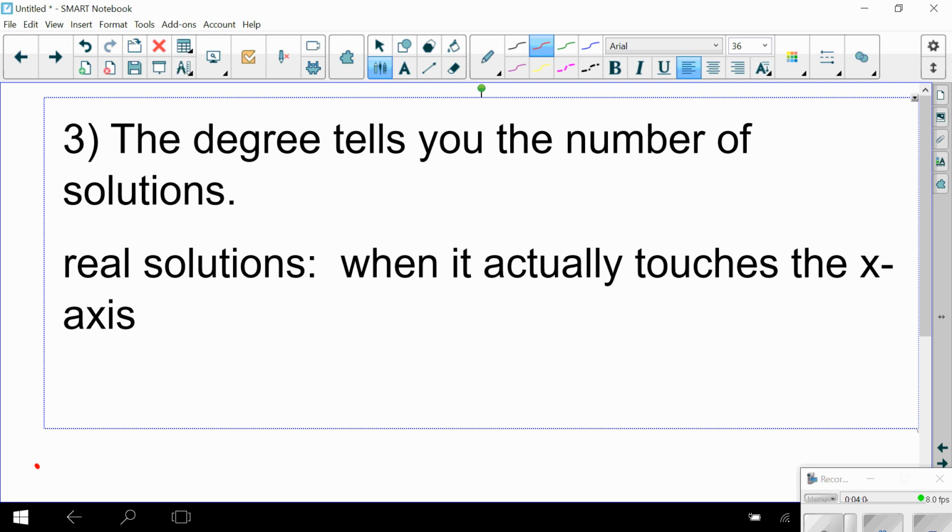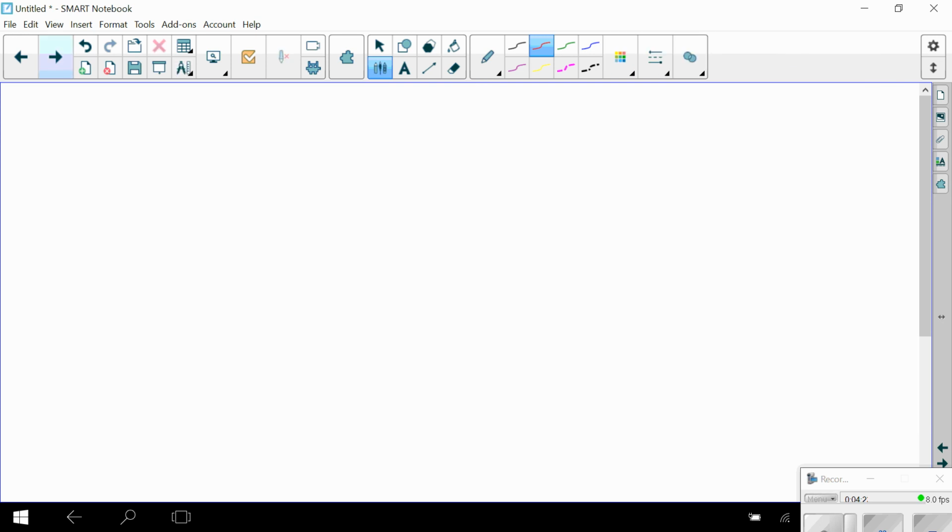Sometimes there are going to be real solutions and sometimes imaginary solutions. So how do I recognize them? How do I see them? Well, a real solution is going to be when the graph actually touches the x-axis. So let's look at some examples.